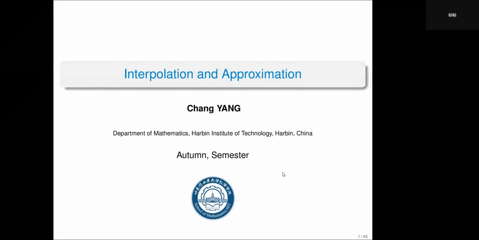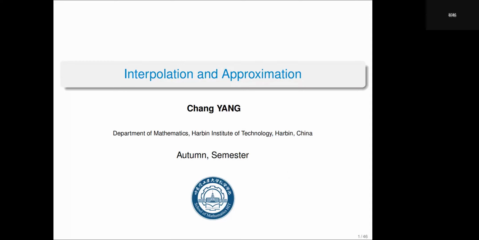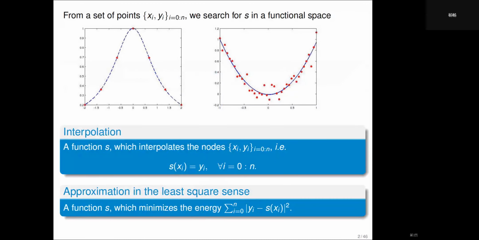The name of this chapter 2 is interpolation and approximation. Let me give you firstly the motivation. You will see there are two kinds of problem, but the objective is more or less the same.